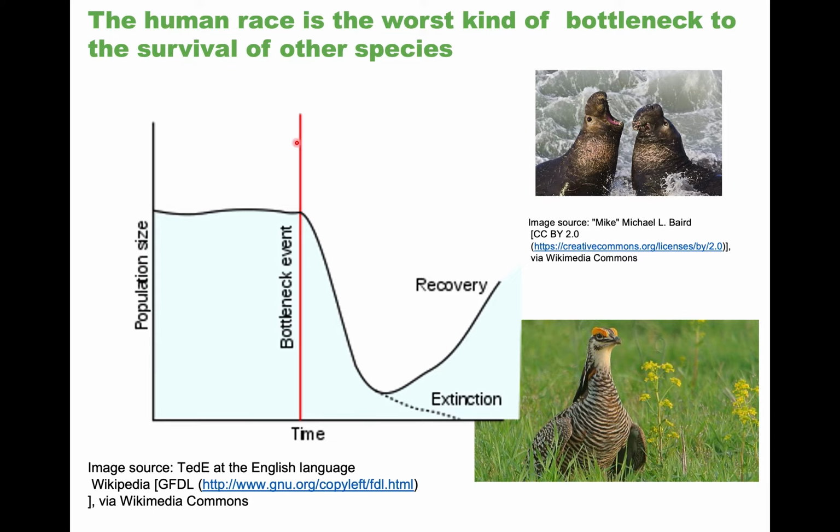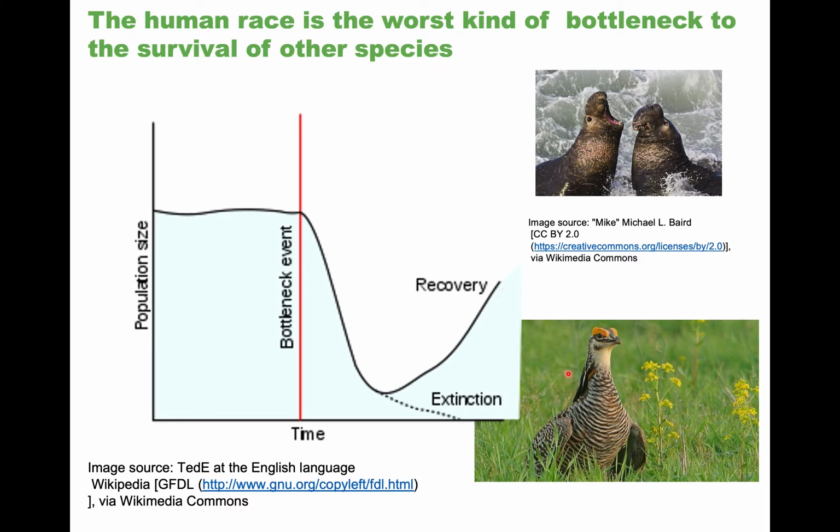But because of this bottleneck of human beings ravaging this population of seals, their population collapsed. That's when we got our act together and made hunting them illegal, so the population could recover. But if we hadn't, they would have gone extinct.